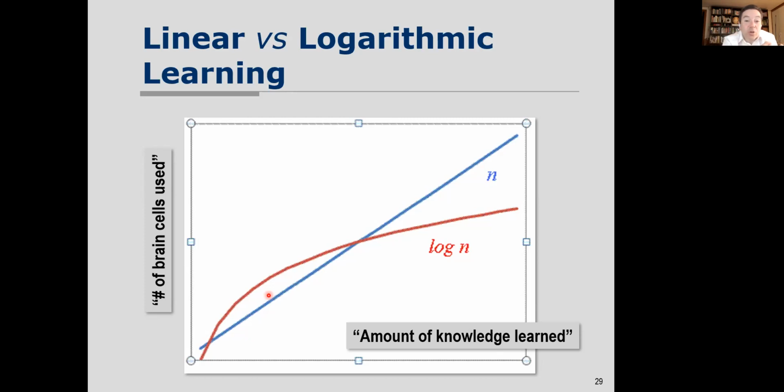Instead, you reinforce and build on the old information. That's why in the beginning, it requires more brain cells, because you are concentrating on creating a model and framework. And then once you have that model or framework of reality, when you add more information, it's much easier and much more efficient to enter into this realm.